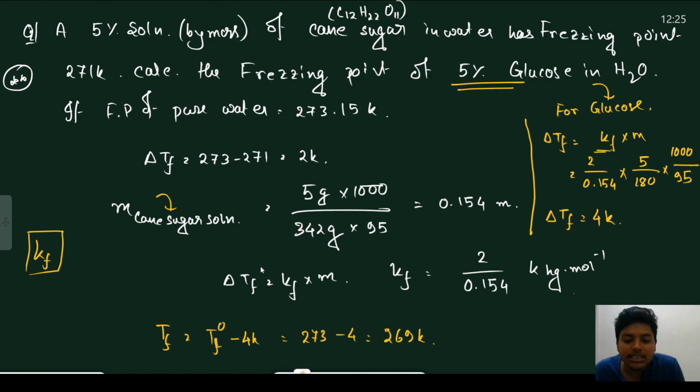And how much it decreases depends only on the number of solute particles. Here, what is the number of moles? 5 by 342. Here, what is the number of moles? 5 by 180. Where is the higher number of moles? For glucose it is high. That's why the freezing point is less. Understood? This is the chemistry behind it.